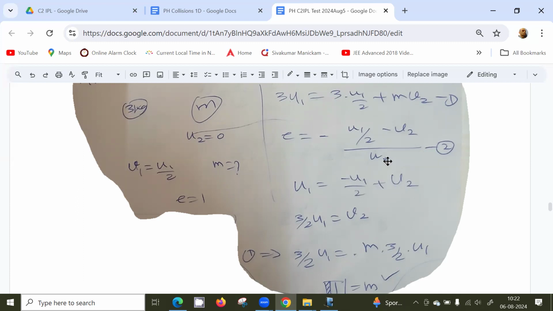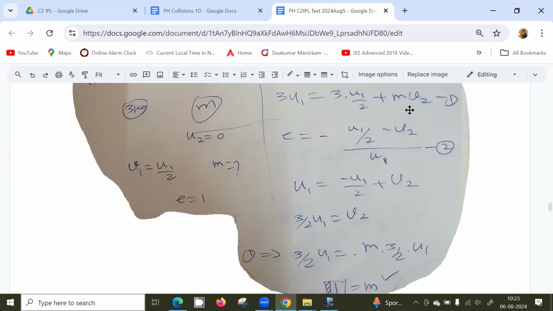So from this, I'll get U1 equal to minus U1 by 2, and this minus into minus will become plus V2. So from this I'll get V2 as 3 by 2 U1.